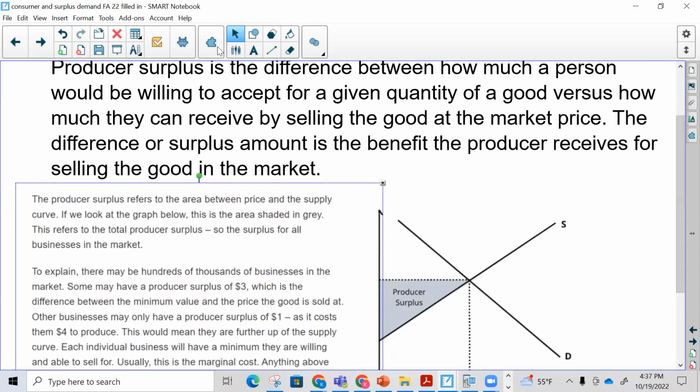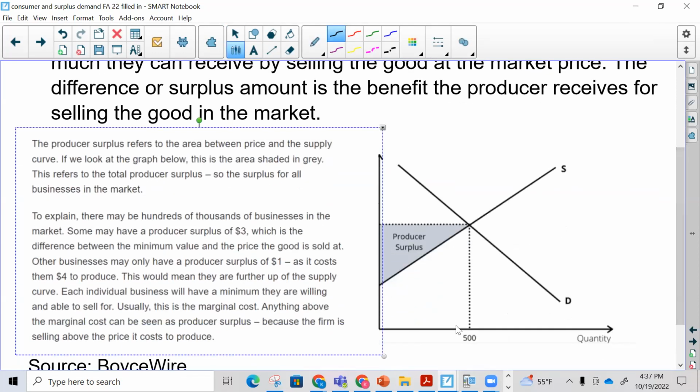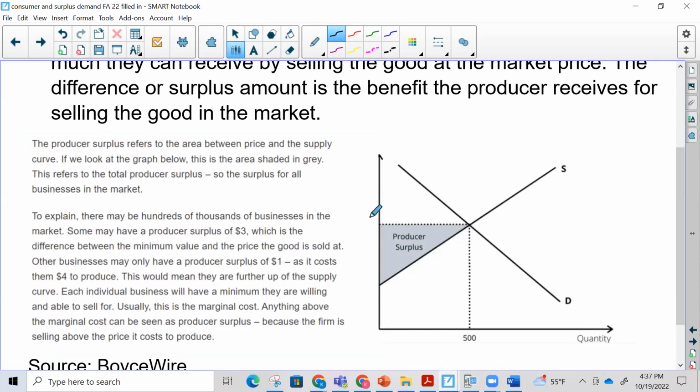So if we look at our graph, and we say that the market price, or the equilibrium price, is this Y value. I believe on here it was like $5. So the market price for the item was $5, but a bunch of suppliers of that product are willing to sell it for less.